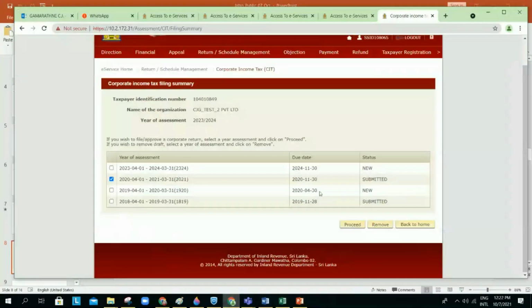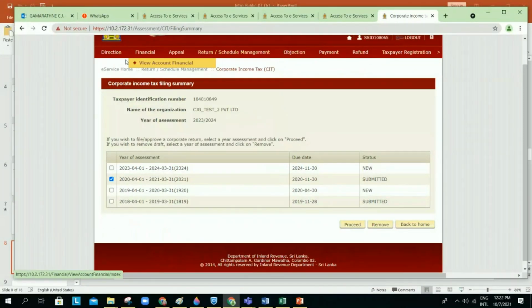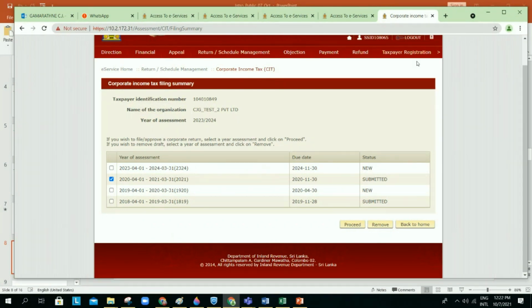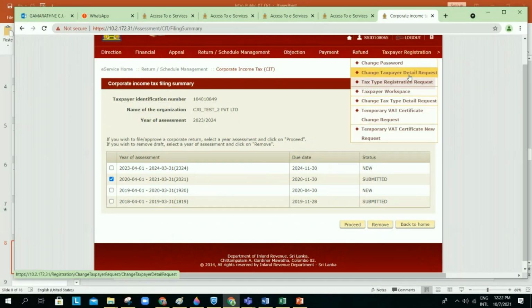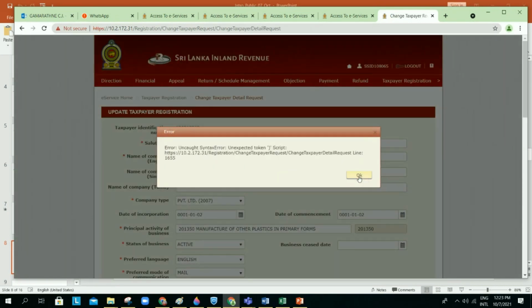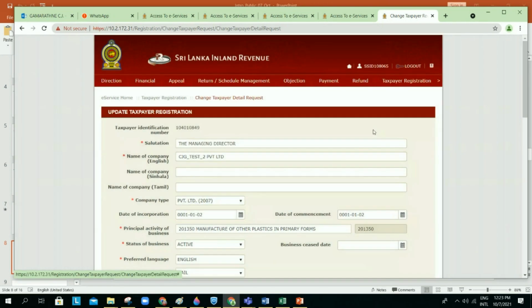In the approved SSID, there is a tax registration and change taxpayer detail request. By using this UI, you can forward the request to change your details. After that, the department will update your profile details.